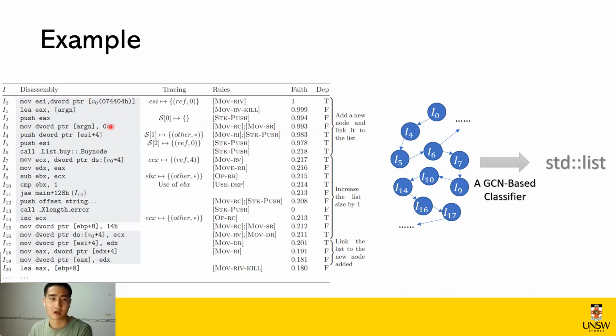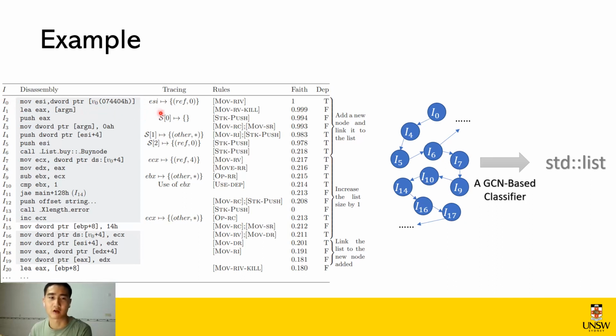So, for example, from I0, this instruction moves the dereferenced value of V0 to ESI. So from this, we can conclude two things. First, this instruction depends on V0 because it uses it.